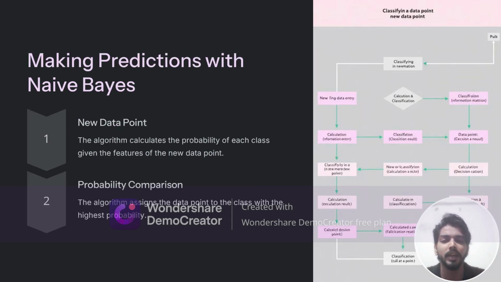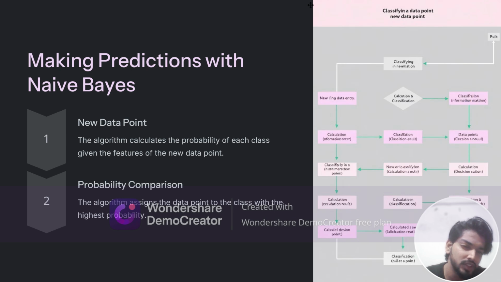Making predictions with naive Bayes. For a new data point, the algorithm calculates the probability of each class given the features of the new data point. In the probability comparison, the algorithm assigns the data point to the class with the highest probability. You can see the example on the right of the screen, classifying the new data point.